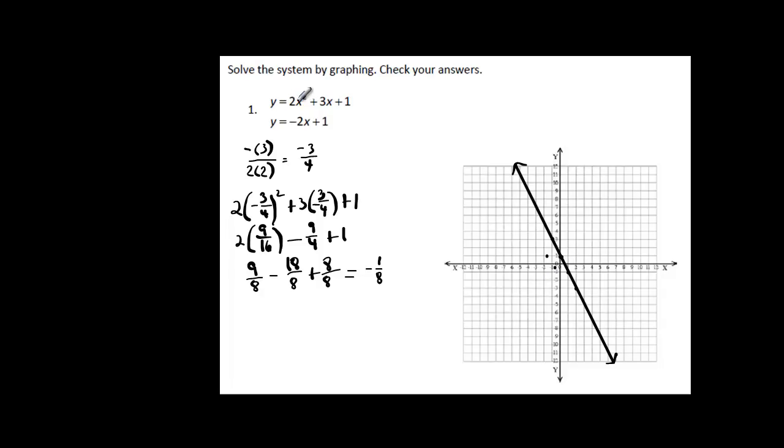Let's put 1 in here. So we would have 2 plus 3 plus 1 is 6. So 1, 6 is going to be on it. And this is 1 3/4. So 1 3/4 again will be right over here.